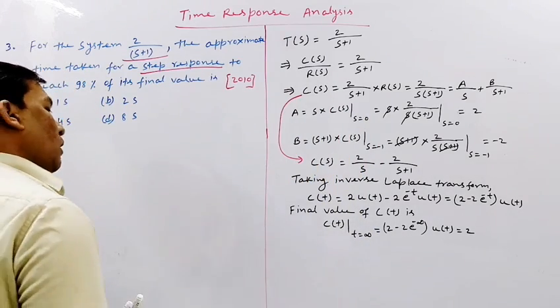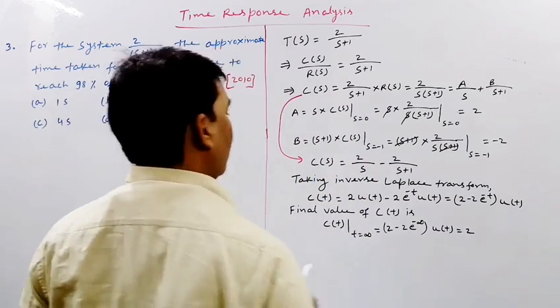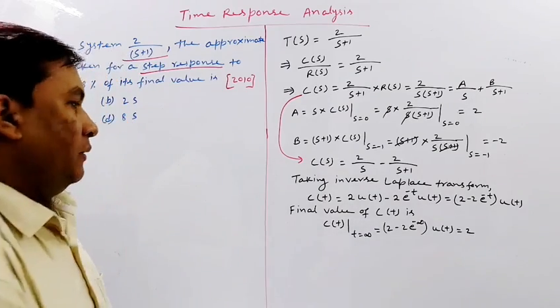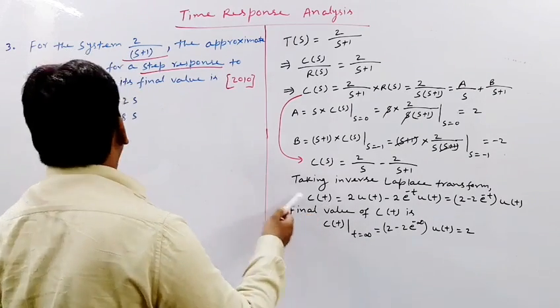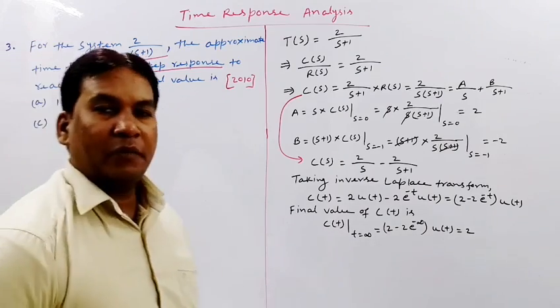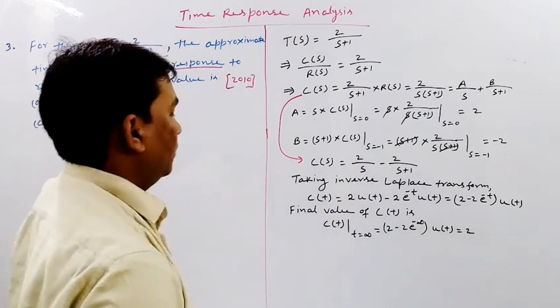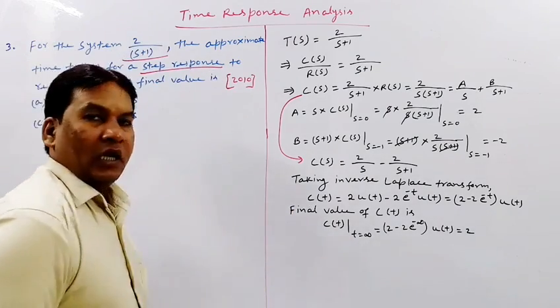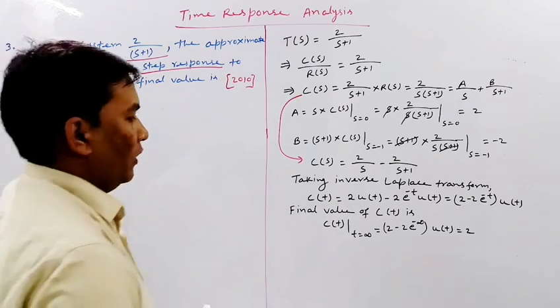Now what is 98% of this final value? Let the system take time t dash to reach 98% of its final value.